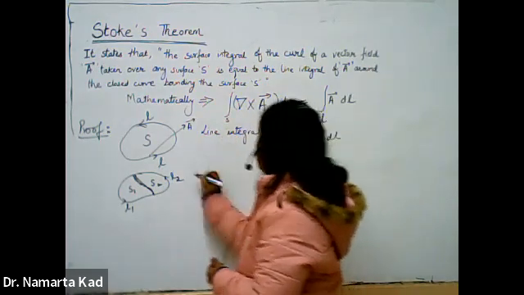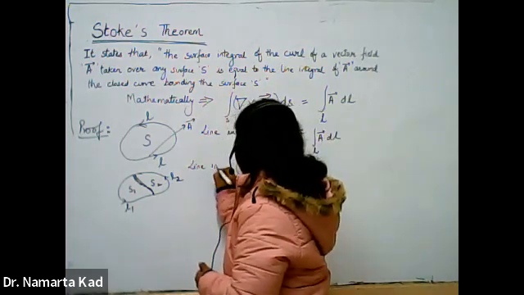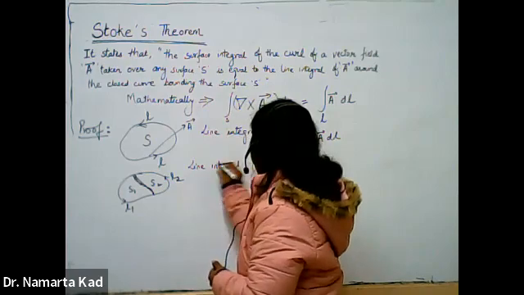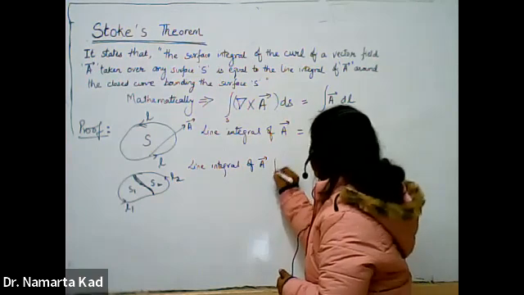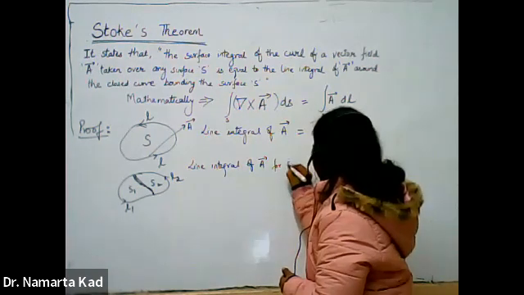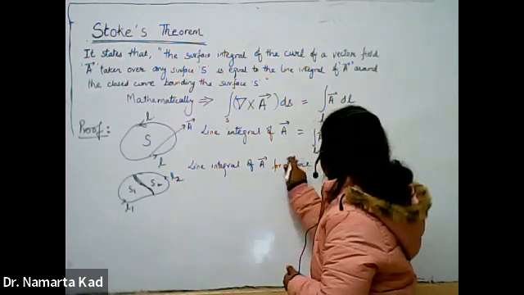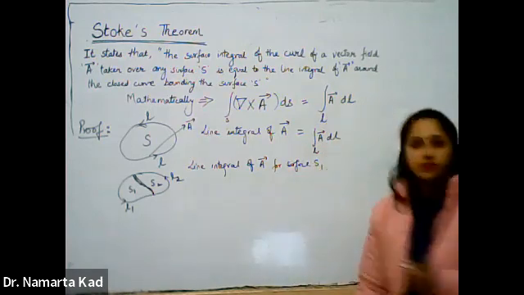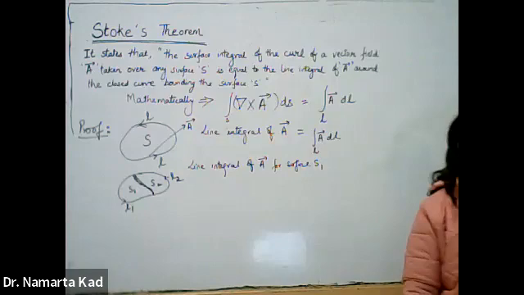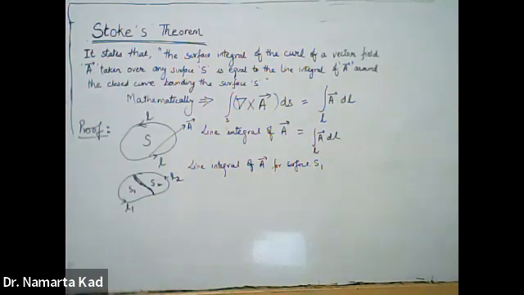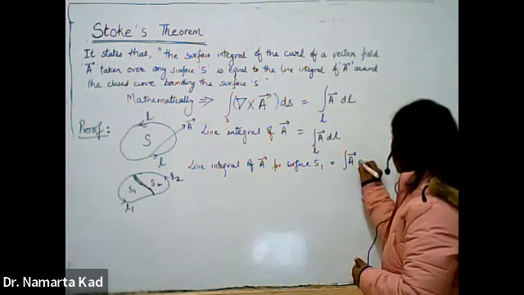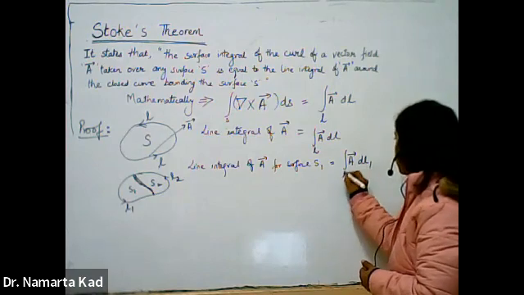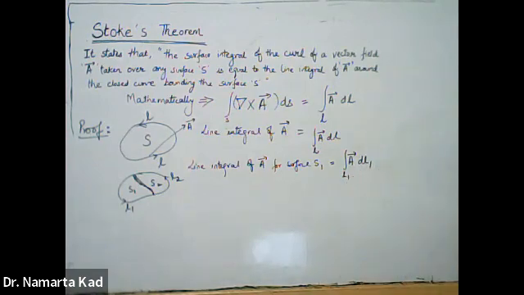Now write down in similar steps the line integral of A vector for surface S1, which can be written as the integral of A dot dl1 over L1.